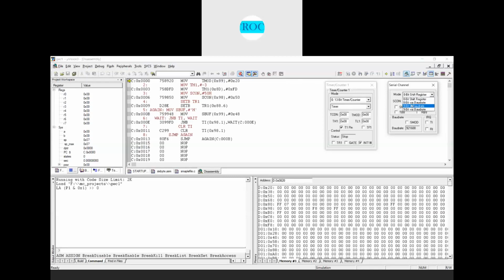It means that we can have variable baud rate in mode 1. These are the 4 different modes here. Now we'll execute this line by line and see the change in the peripheral contents here.